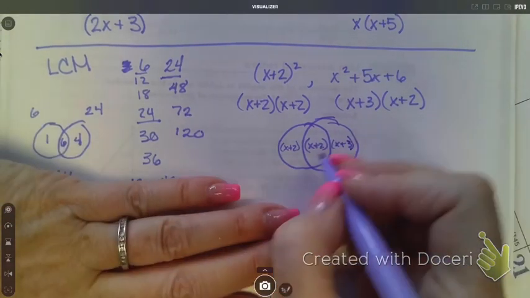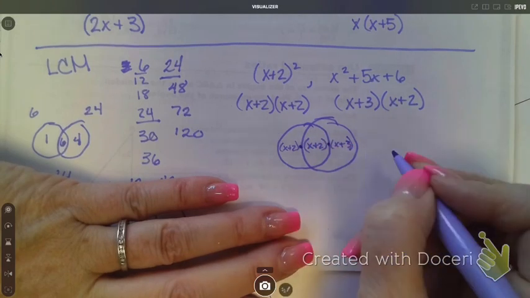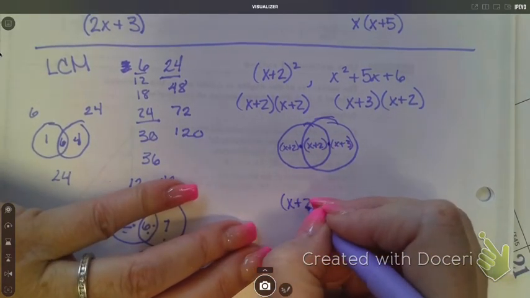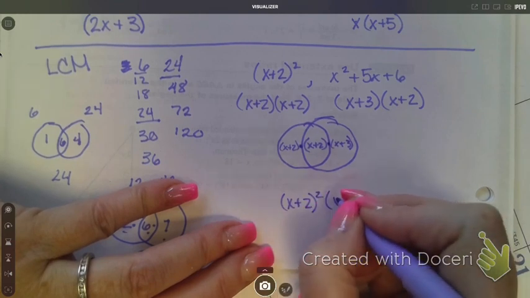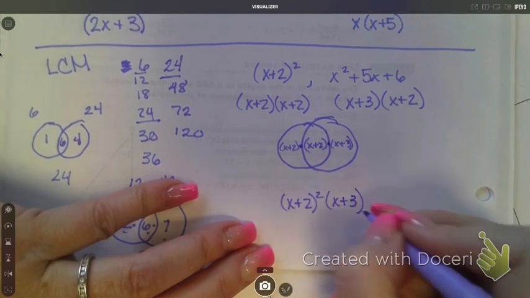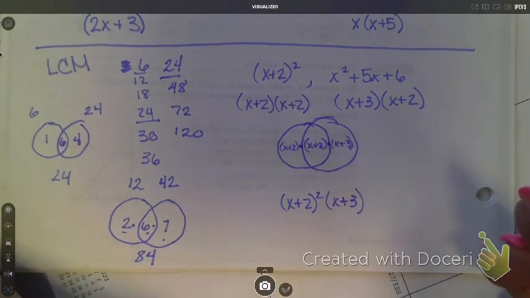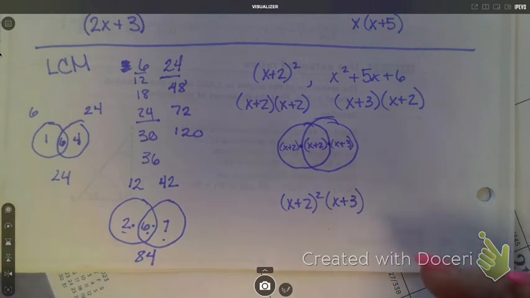So my common denominator is this times this times this. So my least common multiple is x plus 2 squared times x plus 3. Does that make sense? Now, to really get it, I'd have to multiply it all out. This is good enough.